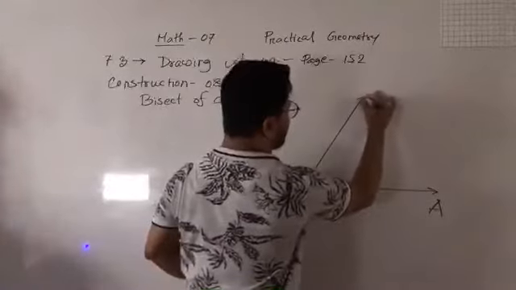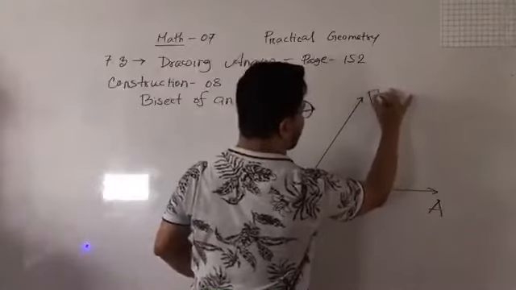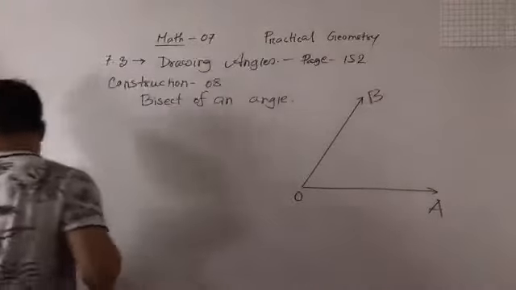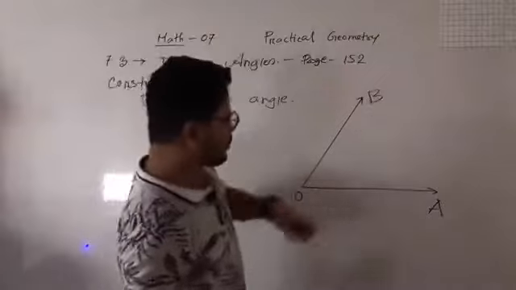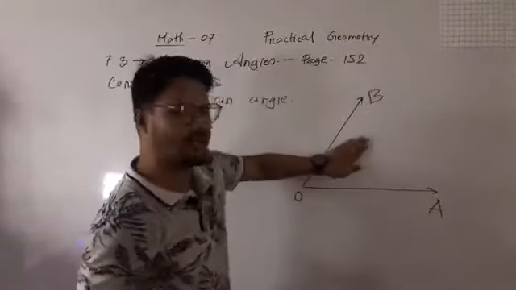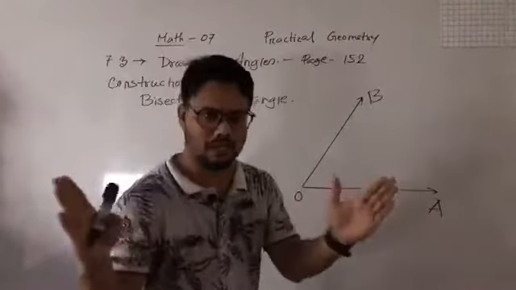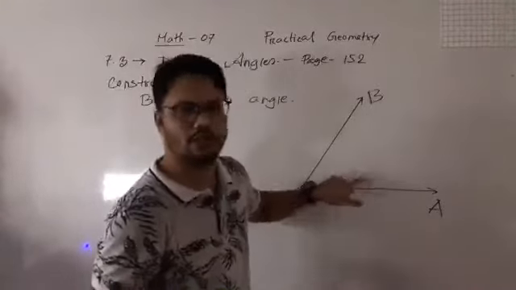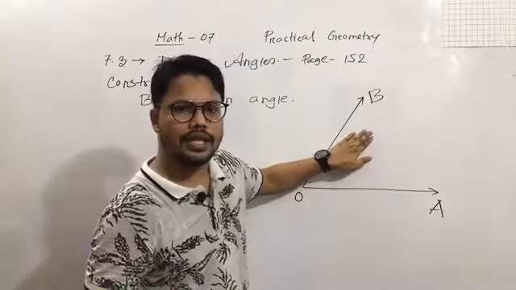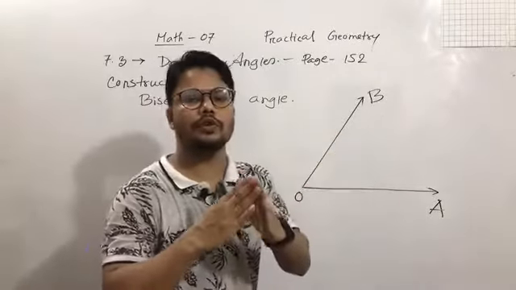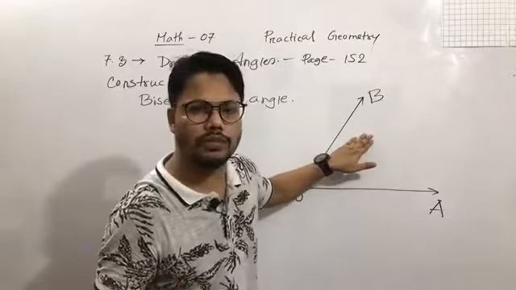And this is OB. So bisect means, suppose this angle is 80 degrees, then you have to divide this angle into two equal parts, like 40 and 40. If this angle is 75 degrees, then we will divide this one into two equal parts.